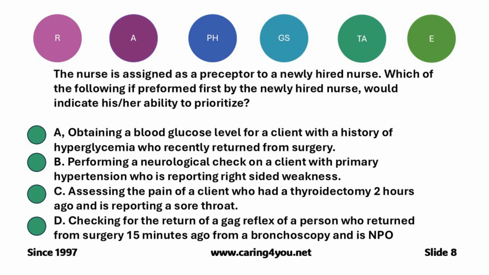Now let's look at this question. The nurse is assigned as a preceptor to a newly hired nurse. Which of the following, if performed first by the newly hired nurse, would indicate his or her ability to prioritize? A, obtaining a blood glucose level for a client with a history of hypoglycemia who recently returned from surgery.